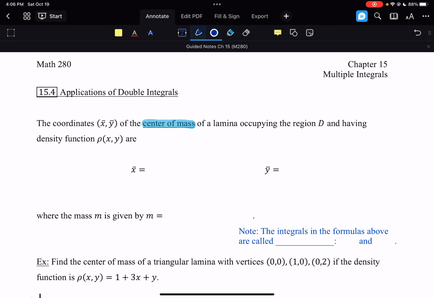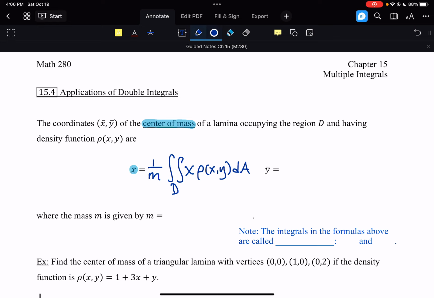To find the center of mass, we're going to take 1 over little m times the double integral over D of x times rho of x, y dA. And that's going to be the formula for x bar.